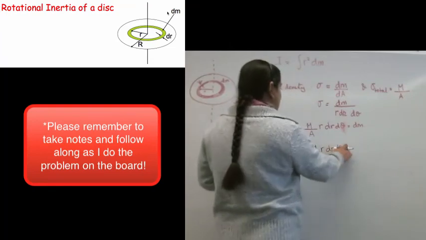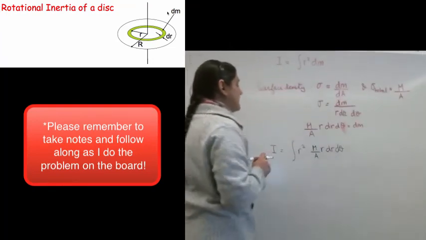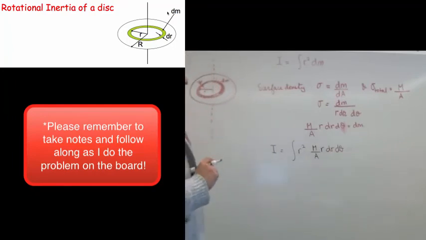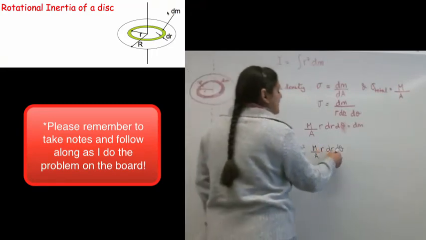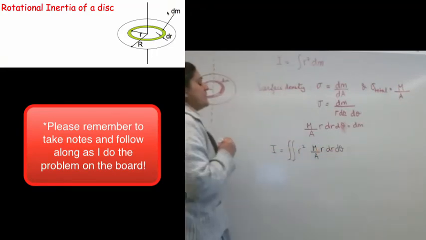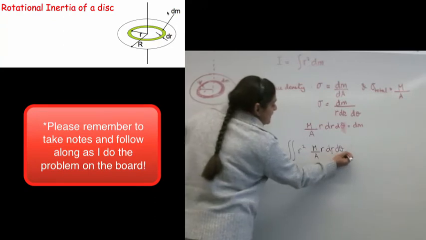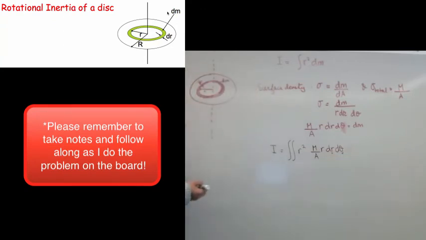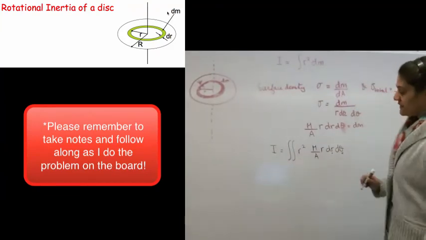Now in this case, we cannot just integrate over one variable because we now have two variables. So these are going to be double integrals, which means one of them is going to be over dr and the other one over d theta. So let's rearrange it and then figure out where the limits of integration are going to be.